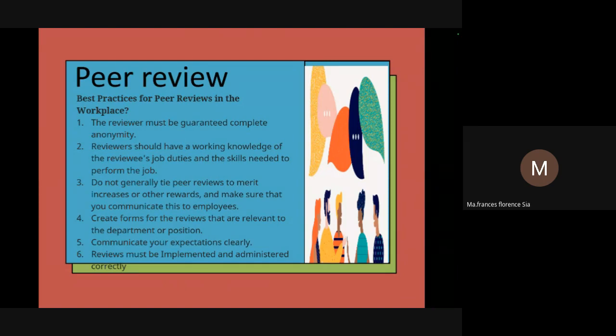So, number one, the reviewer must be guaranteed complete anonymity. This can relieve concerns over retaliation for a negative comment and give them the confidence to offer honest appraisals. The second one, reviewers should have a working knowledge of the reviewee's job, duties, and skills needed to perform the job.